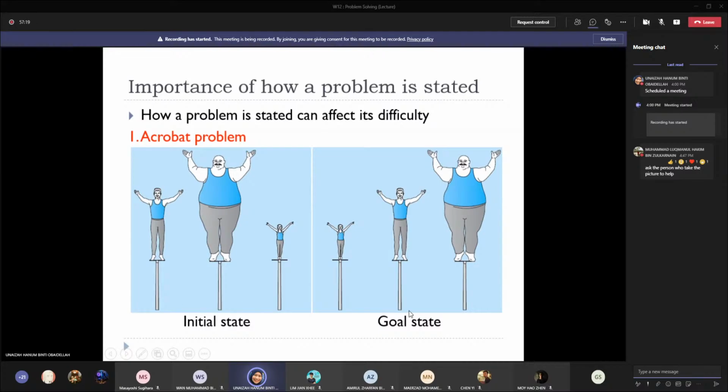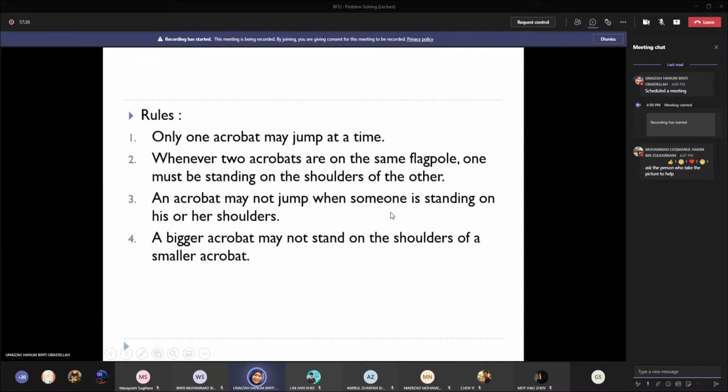This is a variation of that problem called the acrobat problem. You have all these acrobats of different sizes: this is maybe the smallest, this is medium, and this is a little bit larger. You have this initial state and this is the goal state. You can solve this problem using a series of rules. Only one acrobat may jump at a time.